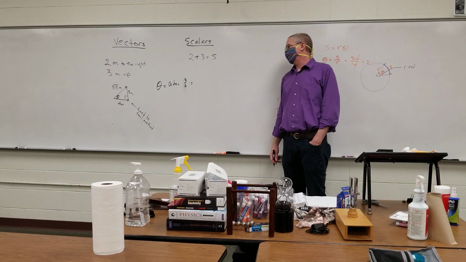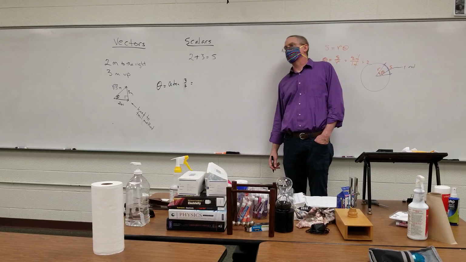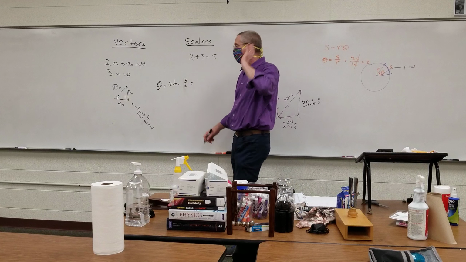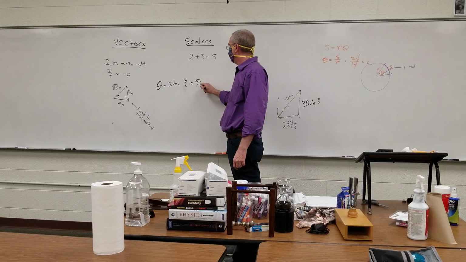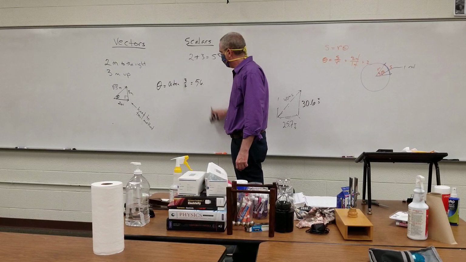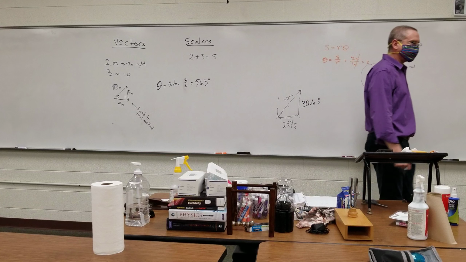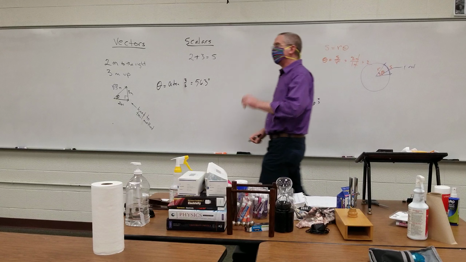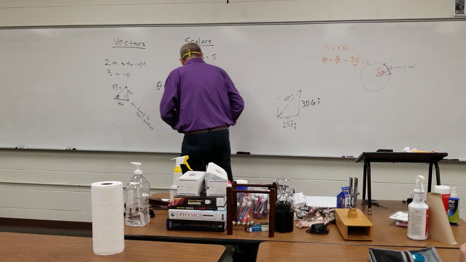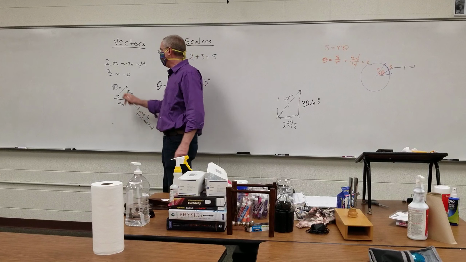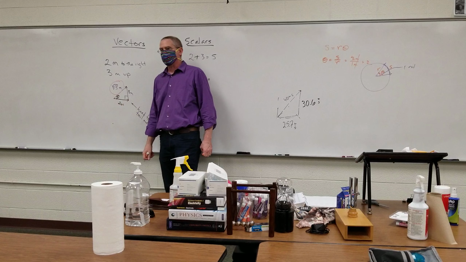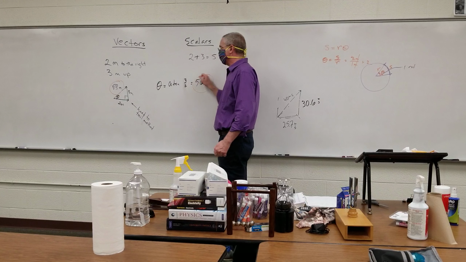Which is 70 degrees. What is it? 56.6, sorry, 56.3 degrees. Okay. Now notice the two key things that we have here, sort of wrapping up. Our final answer has a length to it, and it has a direction.